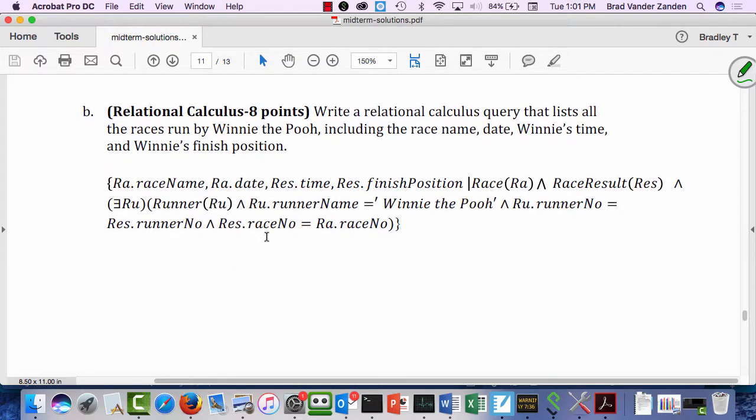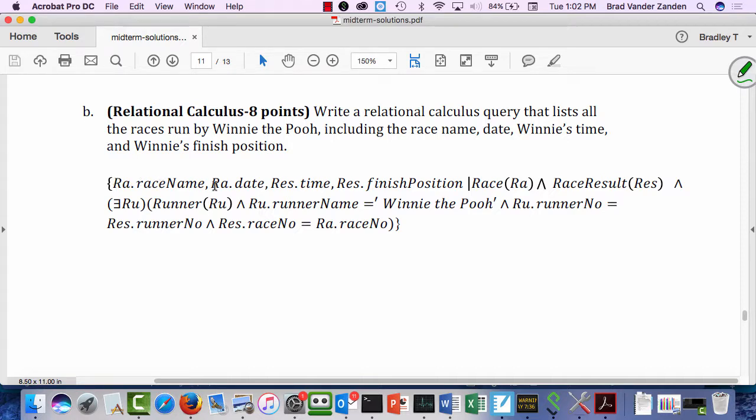Then on the relational calculus, y'all did surprisingly well on it because it's tough. The one thing some of you forgot is that free variables are ones that occur in the result list.